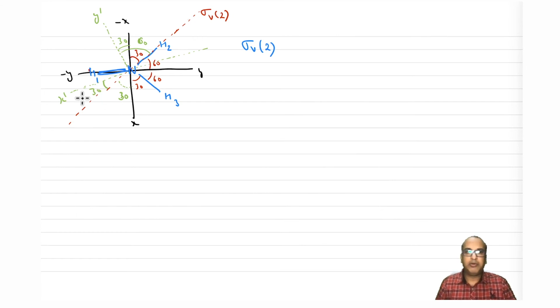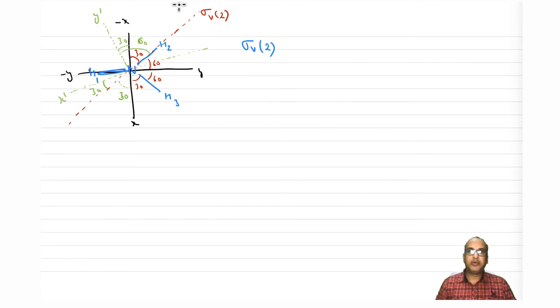Now this has to be equal to this angle. Again, the angles are not drawn to scale. If you actually draw it to scale, you'll see that it is much easier to look at. All right. Now we have defined the new axis system x prime and y prime, which comes as a result of reflection by sigma v2.